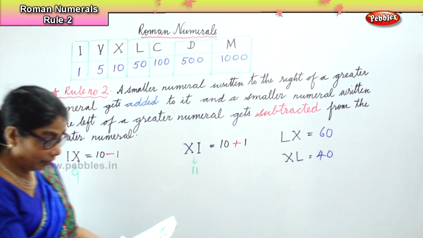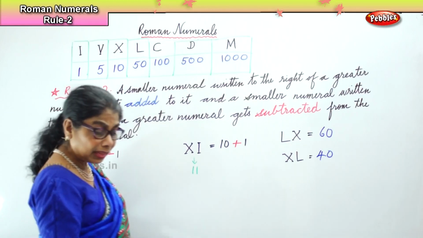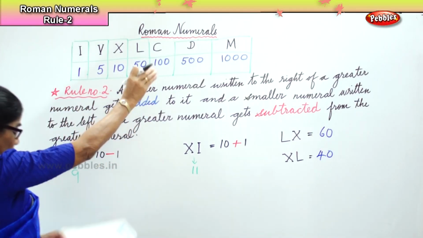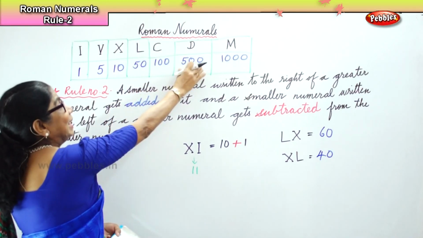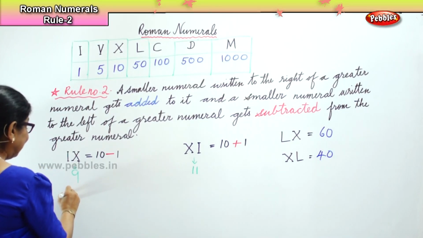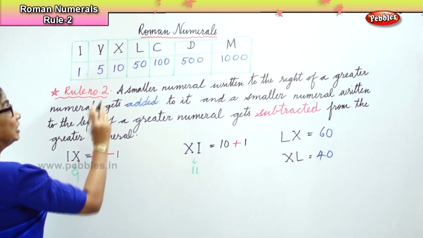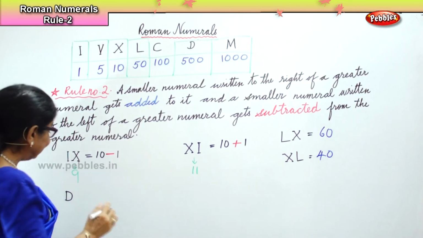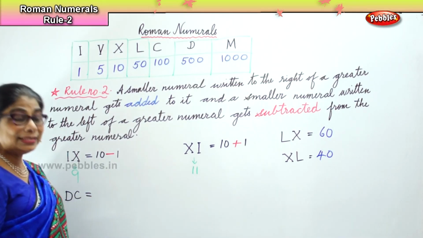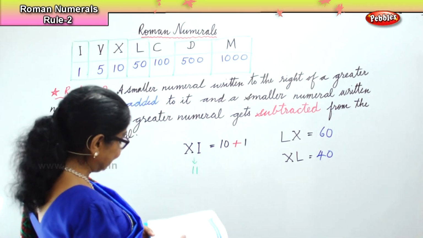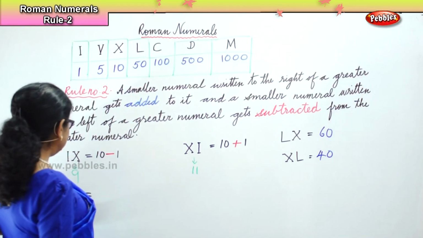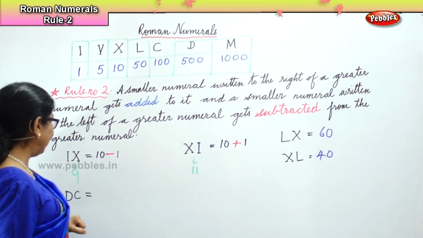Alright? Next. Another Roman numeral we are going to take here is D, that is 500. Next is D, that is 500, and then C. Now, look at the rule and let's see what D and C say. D is 500 and C is 100.